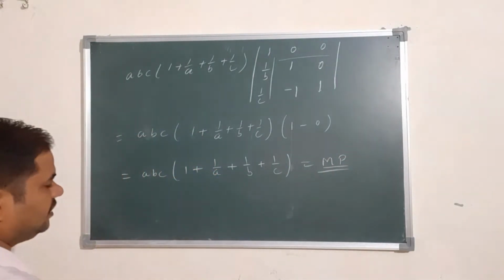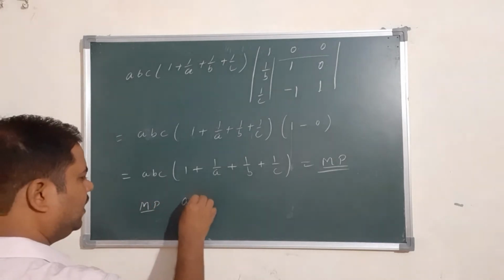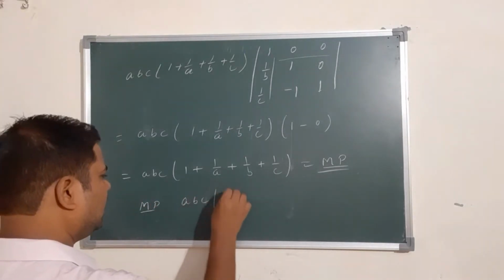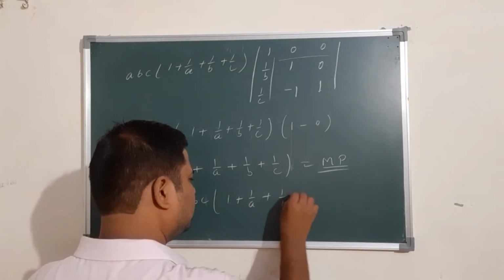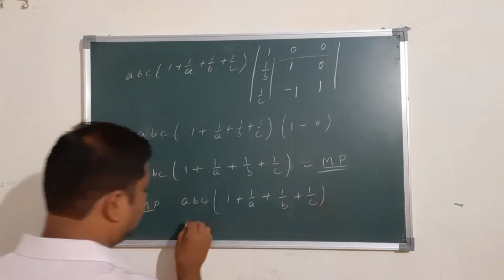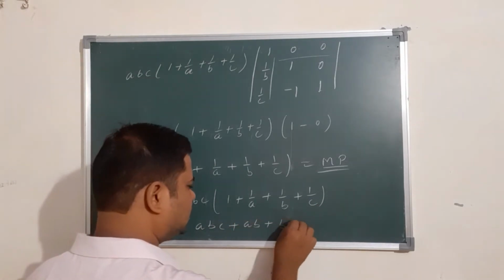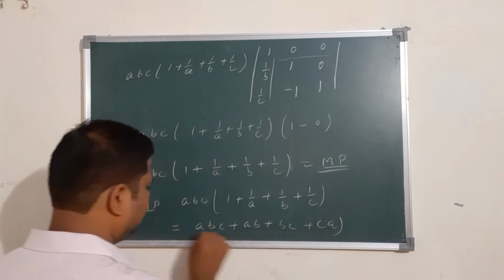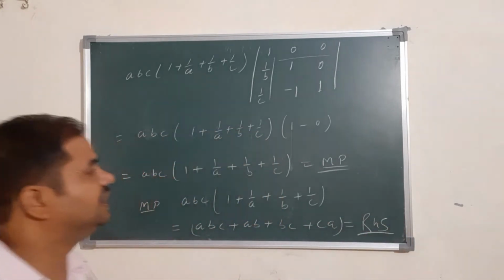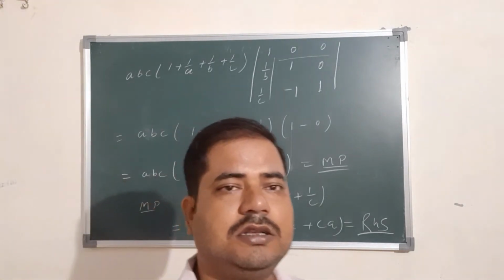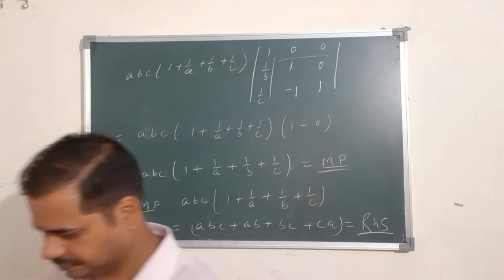Now RHS is nothing but the middle part. You have to take abc times (1 plus 1 upon a plus 1 upon b plus 1 upon c), and if you multiply we get abc plus bc plus ca plus ab. This is your RHS part. So in this manner we have to complete this particular question, and this is a very important question for the board. Okay.